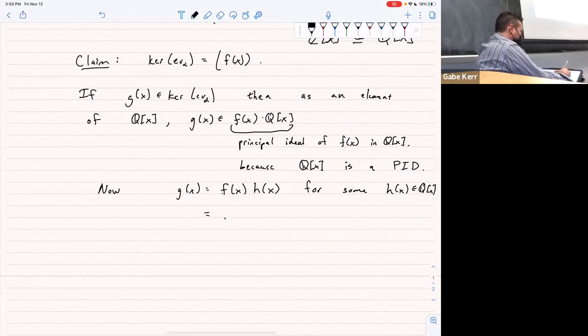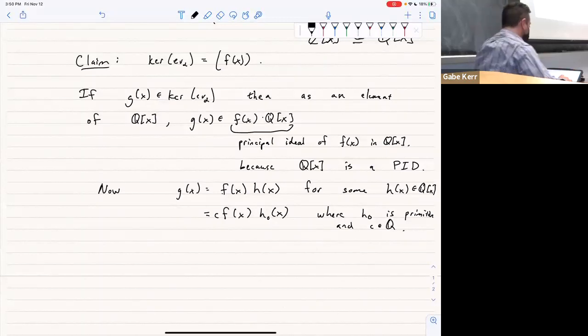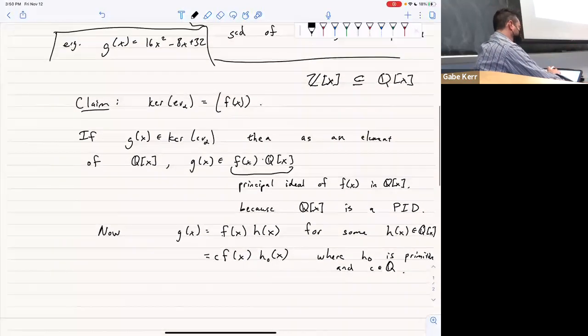So this is equal to f of x times c times what they call h naught of x. Now, we may as well assume that g is primitive, right?